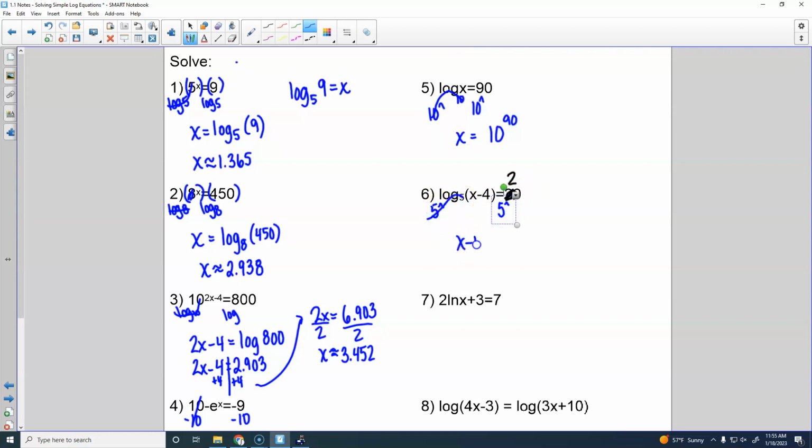I just have x minus 4 on the left-hand side. Over here, I've got 5 squared, which is just 25. You can see if I had to do 5 to the 20th, it'd be huge. And I'm not done on this one. I need to add that 4 to both sides, so x would equal 29.